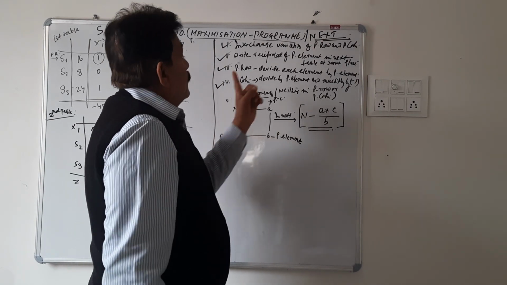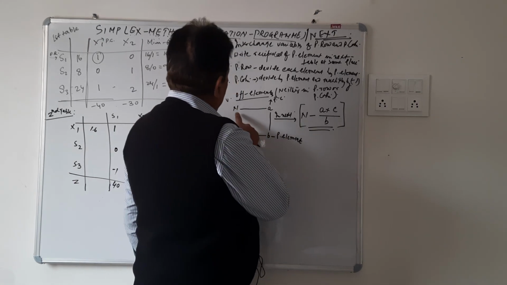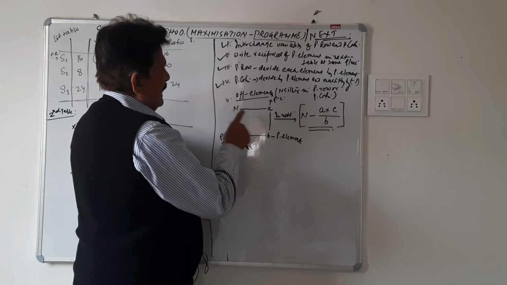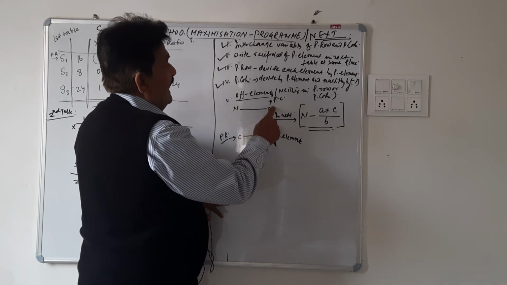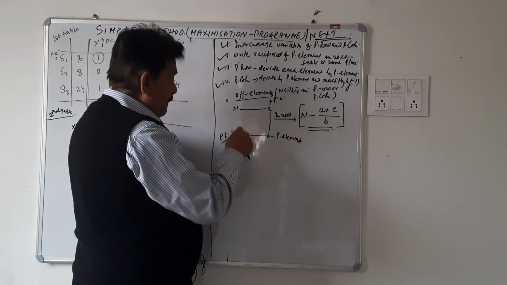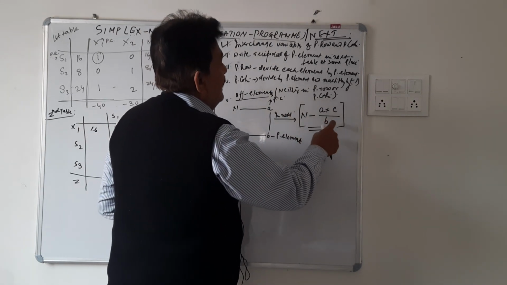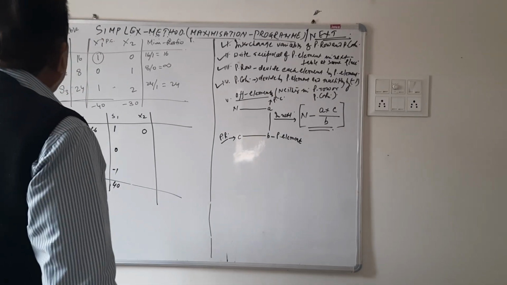This n will go in the next table in the form, where we shall take n minus the corresponding element in pivot column, let's say a, times the corresponding element in pivot row, that was c. So, a into c, and this divided by pivot element. This is the rule of thumb to be followed.